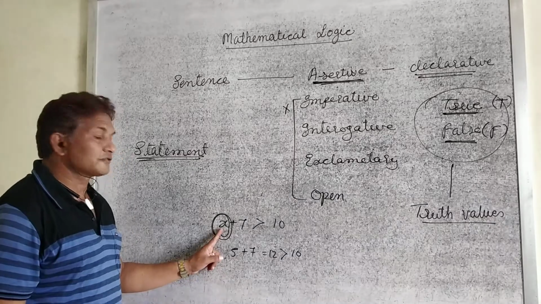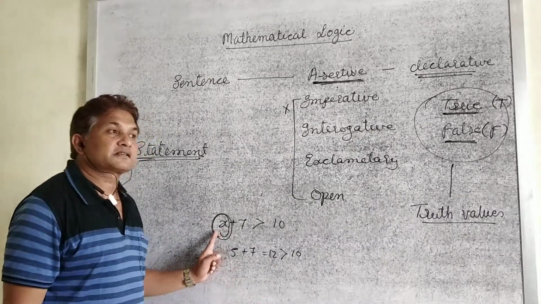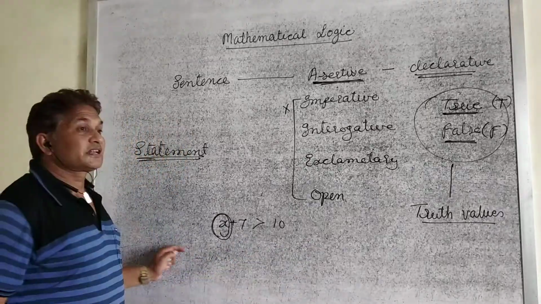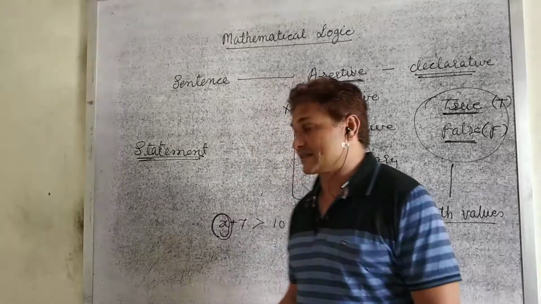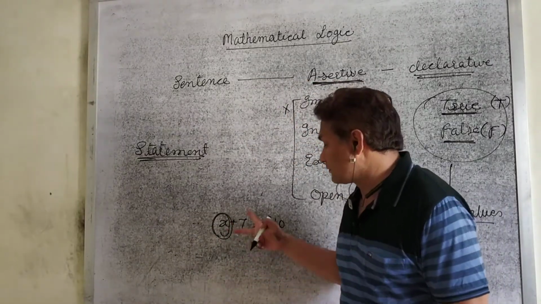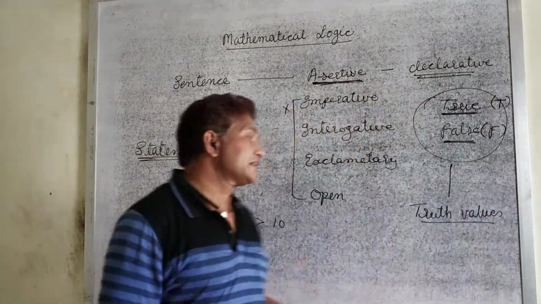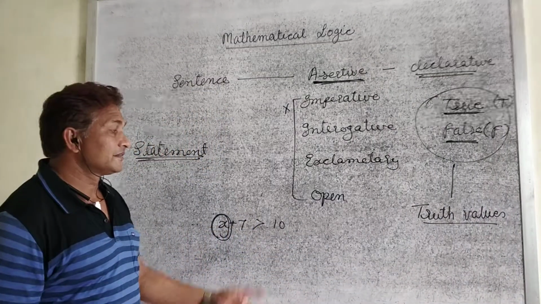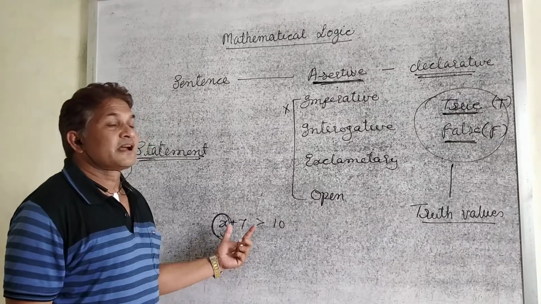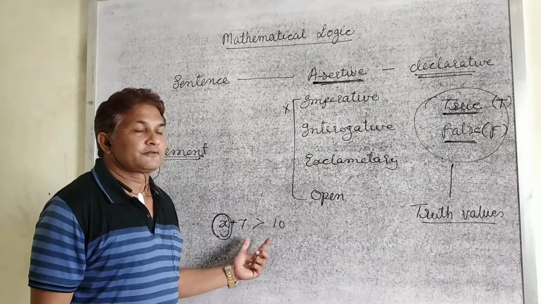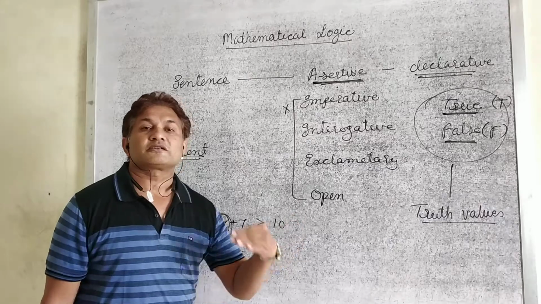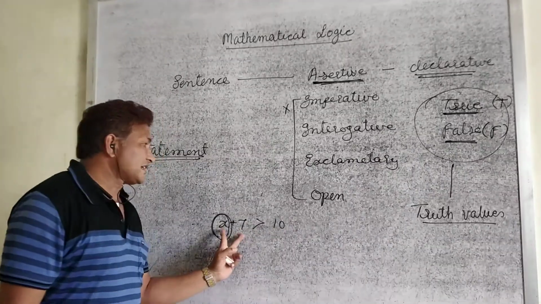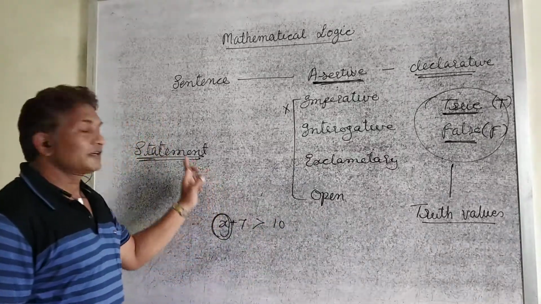Means for some values of x it is false, for some values of x it is true. Hence we cannot draw the conclusion if we don't know the value of x. So the truth value of this sentence depends upon x and we don't know the value of x. Hence these types of sentences may be true or false, and we cannot draw a complete conclusion for the moment. Hence these types of open sentences are not statements.